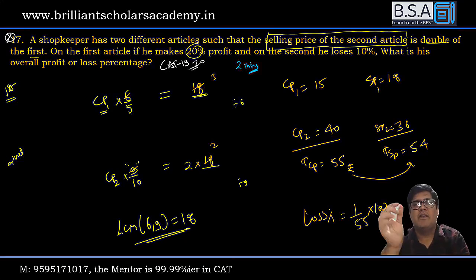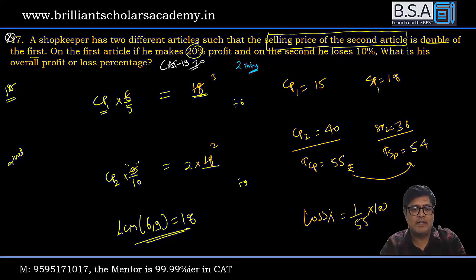So you're losing somewhere around 1.8%, or a little less than 2 percent. Verify my calculations.